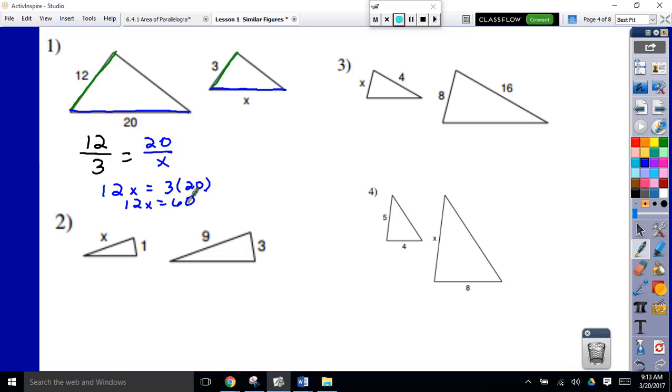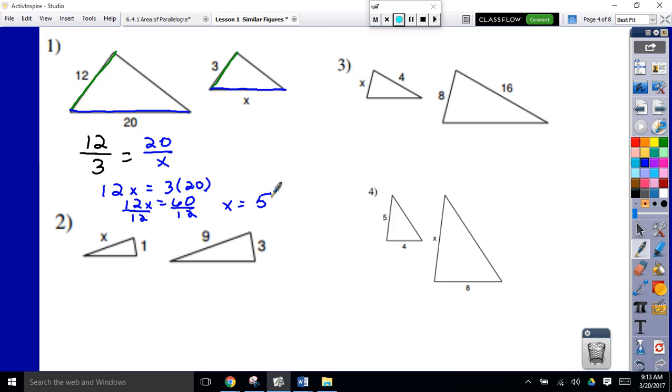And then what do we do? Multiply it? No, we want to find X. This says 12 times X. What's the opposite of that? Divide. Do you know what 60 divided by 12 is? 5. So X is 5. So we know that this side is 5.